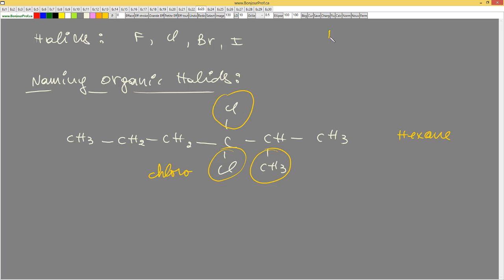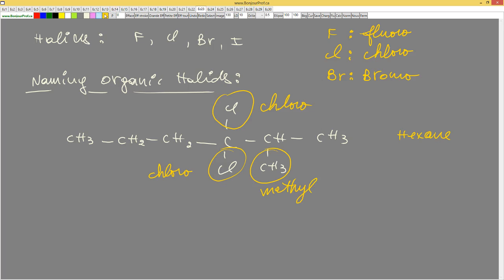So what we say, we say fluoro, chloro, bromo, etc. So for example here, I have a chloro here, I have a chloro here, and I have a methyl.